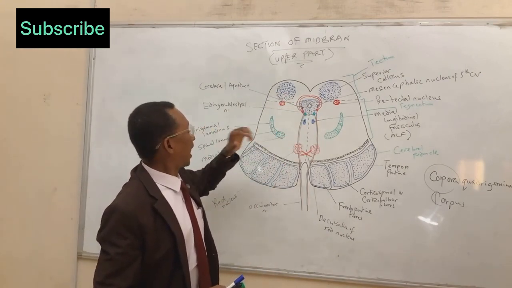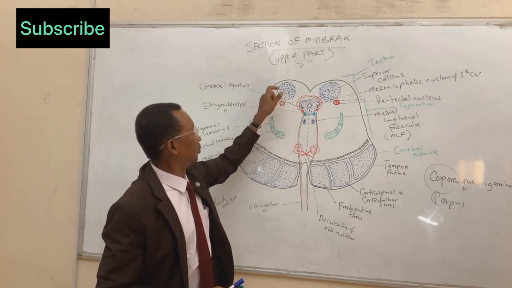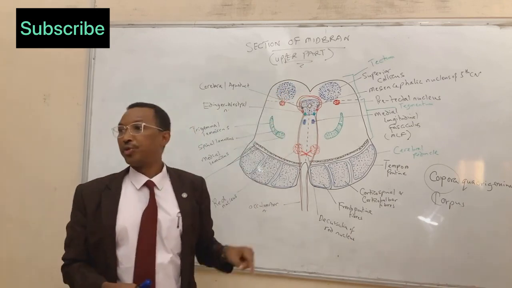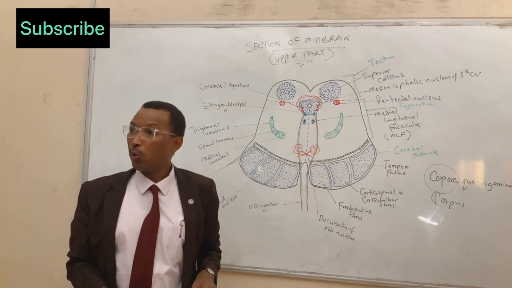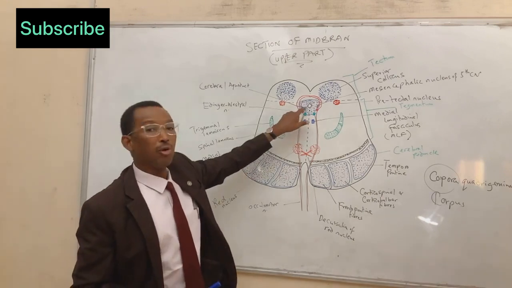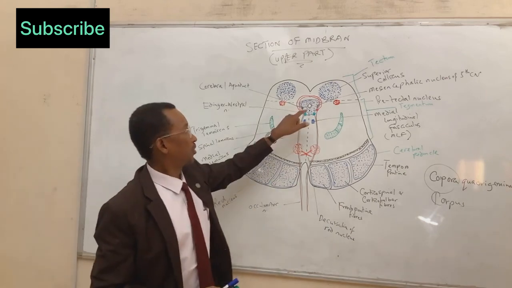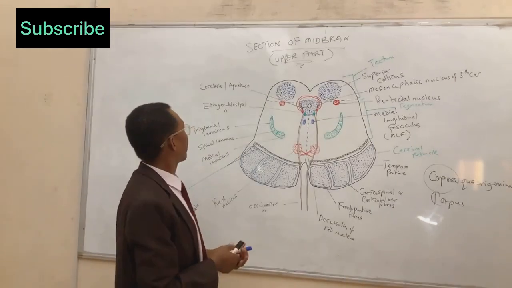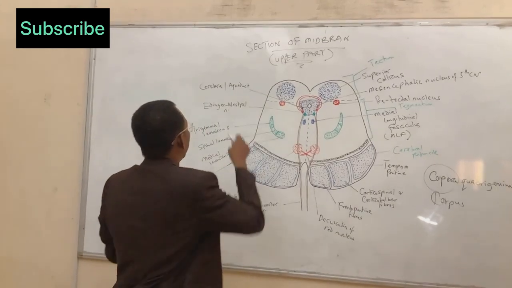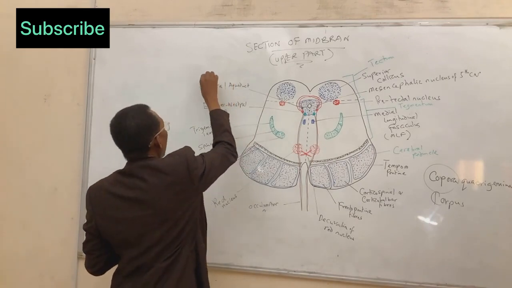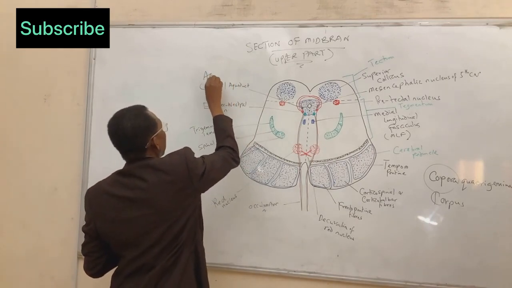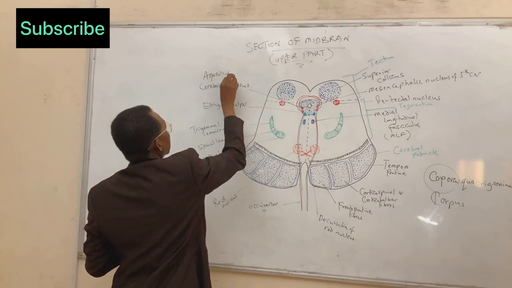Just anterior to the two superior colliculi nuclei, you have a small opening known as the aqueduct of Sylvius or cerebral aqueduct.